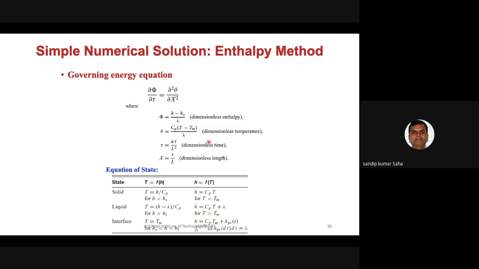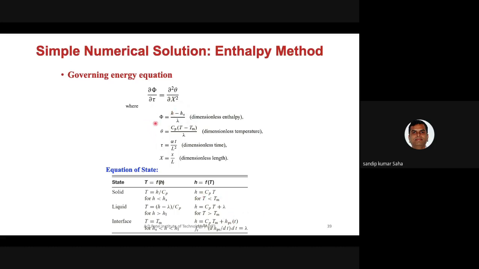So during melting, I will set theta as 0. That is one condition. And phi will also carry some value. What is that value? I will let you know after this.